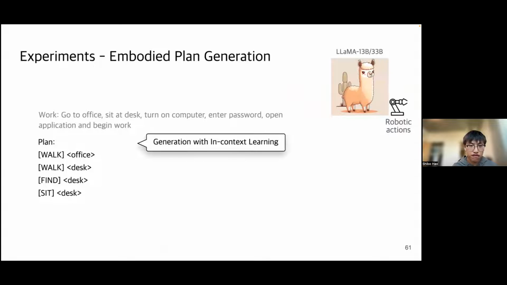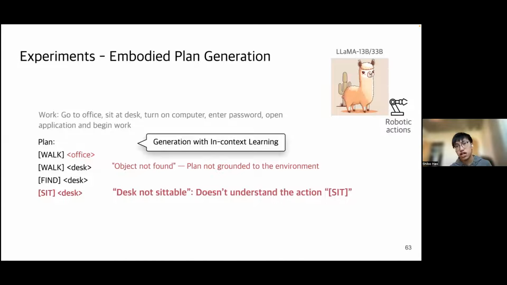For example, it may generate some invalid objects or actions that cannot be recognized by the agent or the robot, or it can also misunderstand the meaning of an action and thus produce some illegal instructions. So basically, in this case, sit means sit on, so this sit instruction doesn't really make sense.